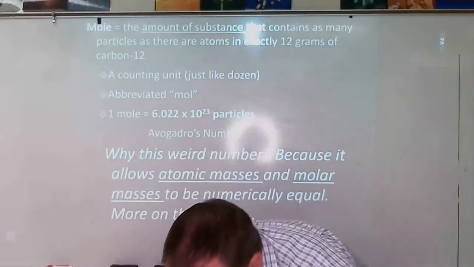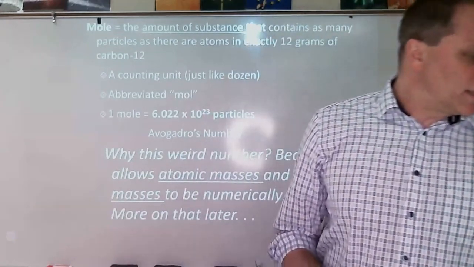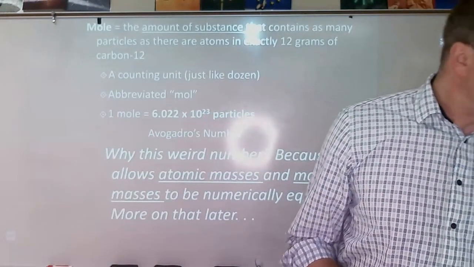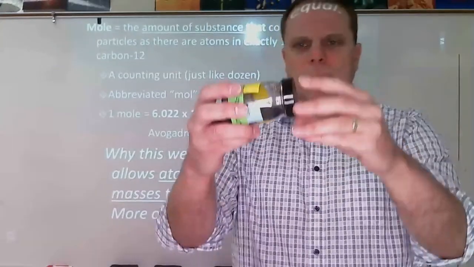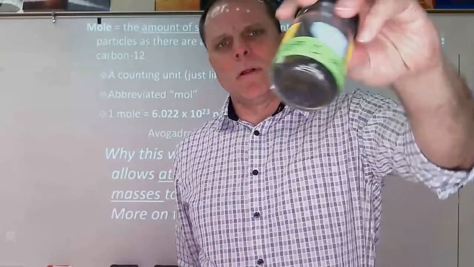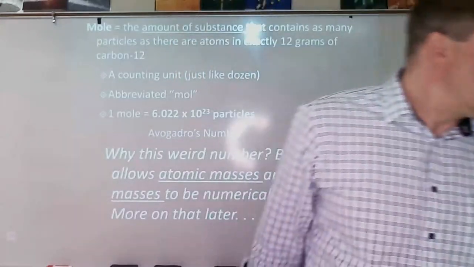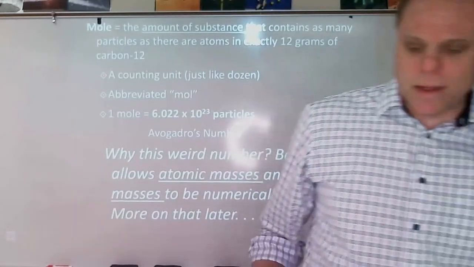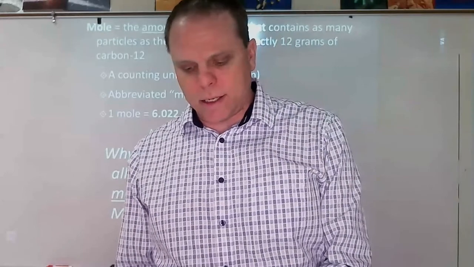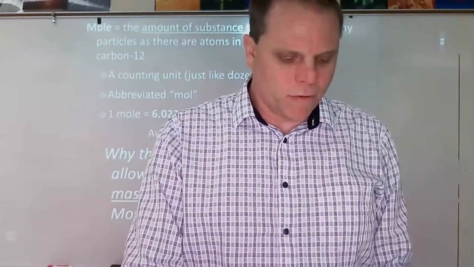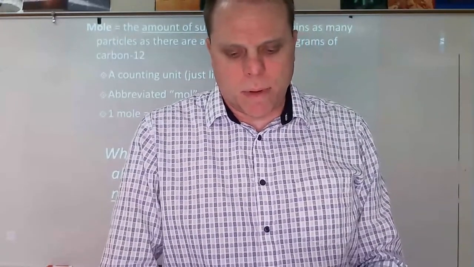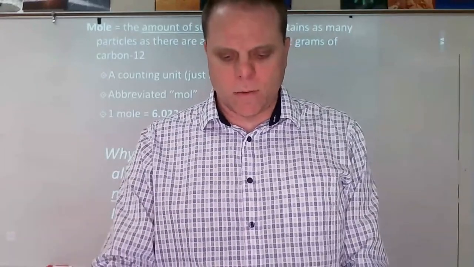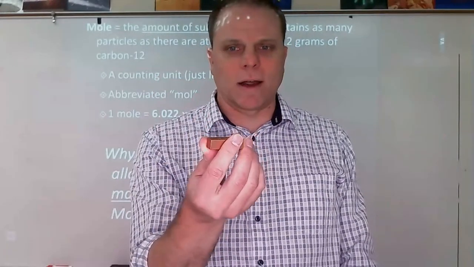You're like, well, I'm having trouble visualizing a mole, okay? Well, here is a mole of carbon, 12 grams of it. Let's look at something a little bit more familiar to you. I bet you would recognize something that was this color, right?